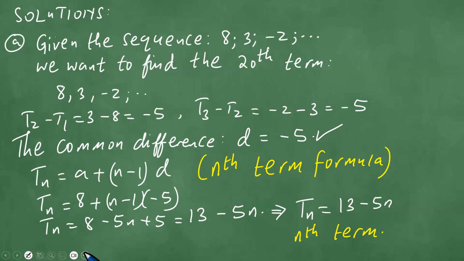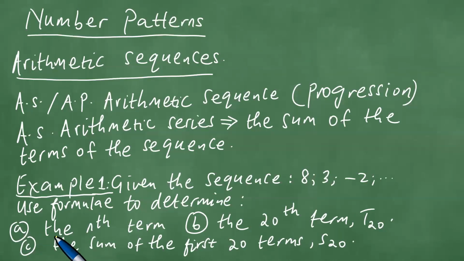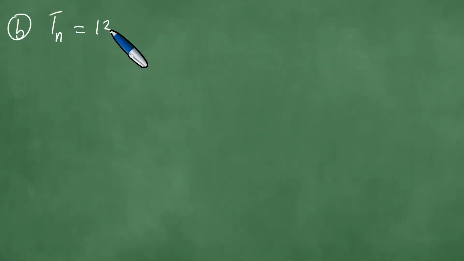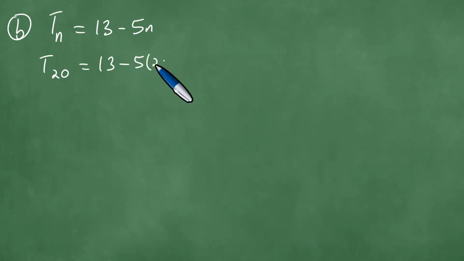So we've answered part A, which asked for the nth term. Now we need the 20th term, T sub 20. We shall look at part B. T sub n, we have already seen, is 13 minus 5n. T20 is 13 minus 5 into 20.